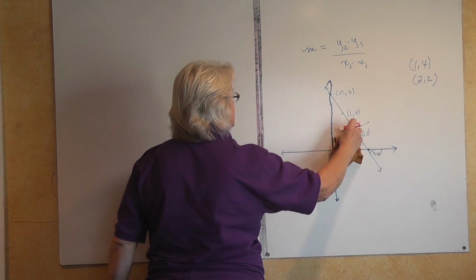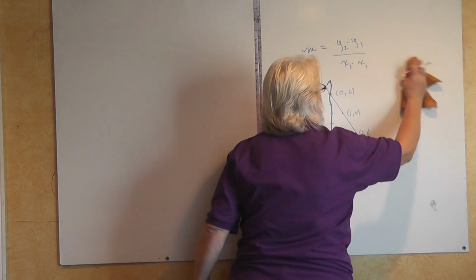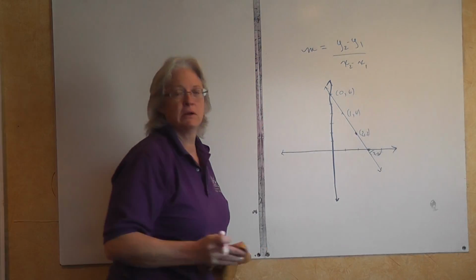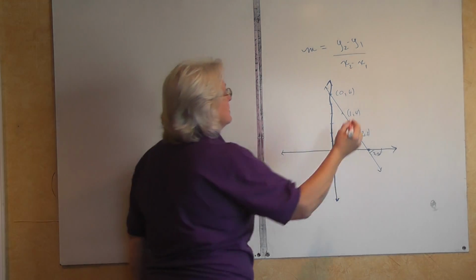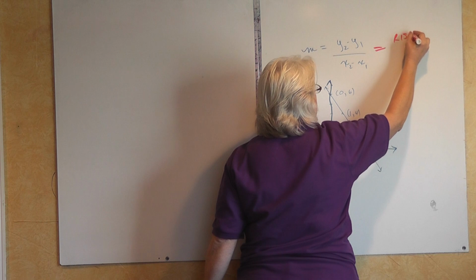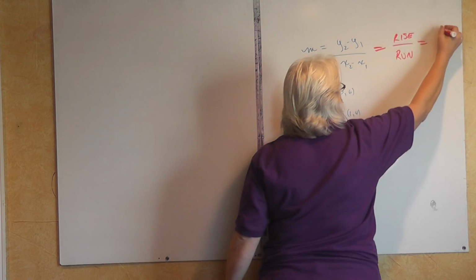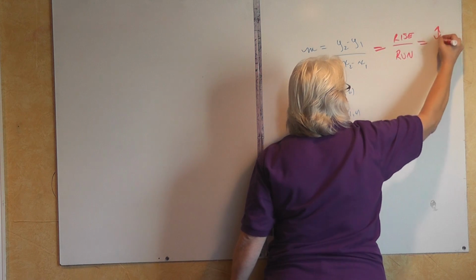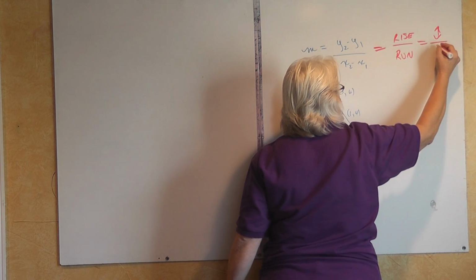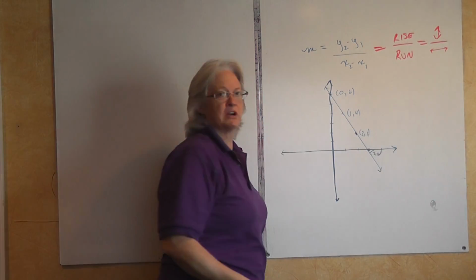Well, what happens if we want to use 2 different points? Let me go ahead and write a couple different ways to say this. This is the rise divided by the run, and it's also the vertical change divided by the horizontal change.